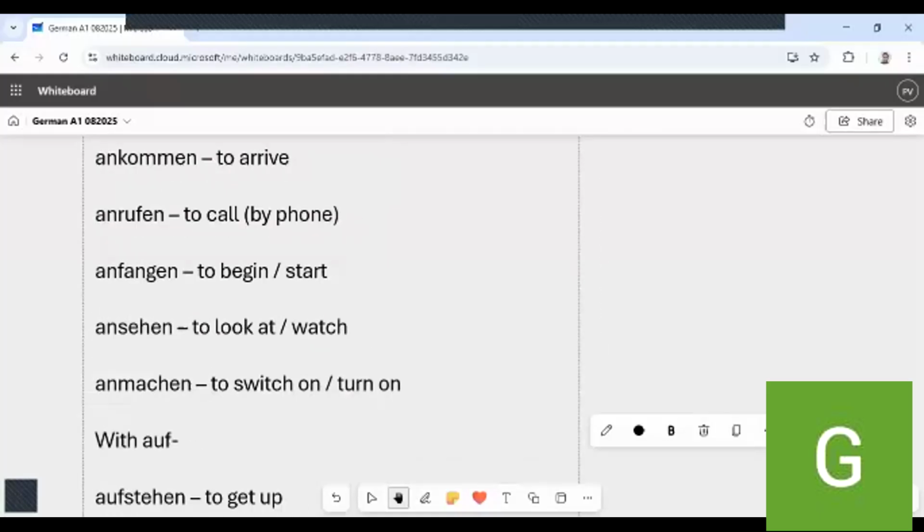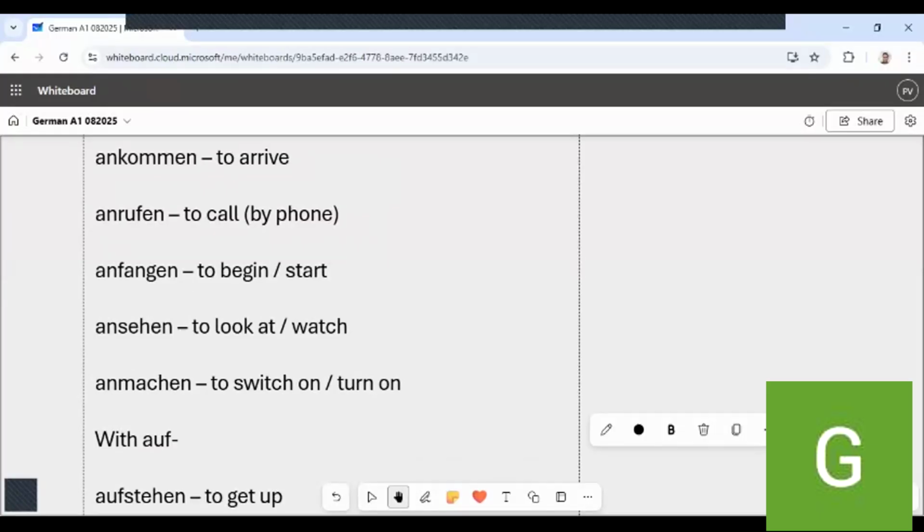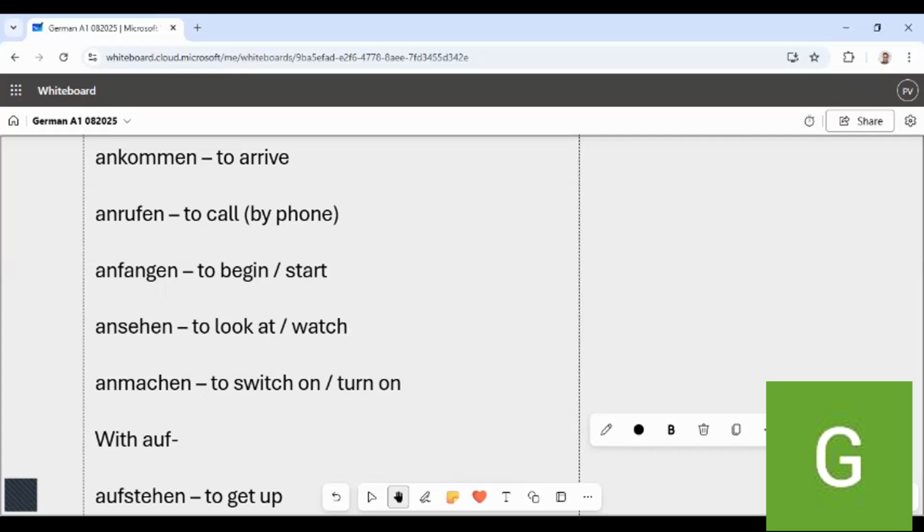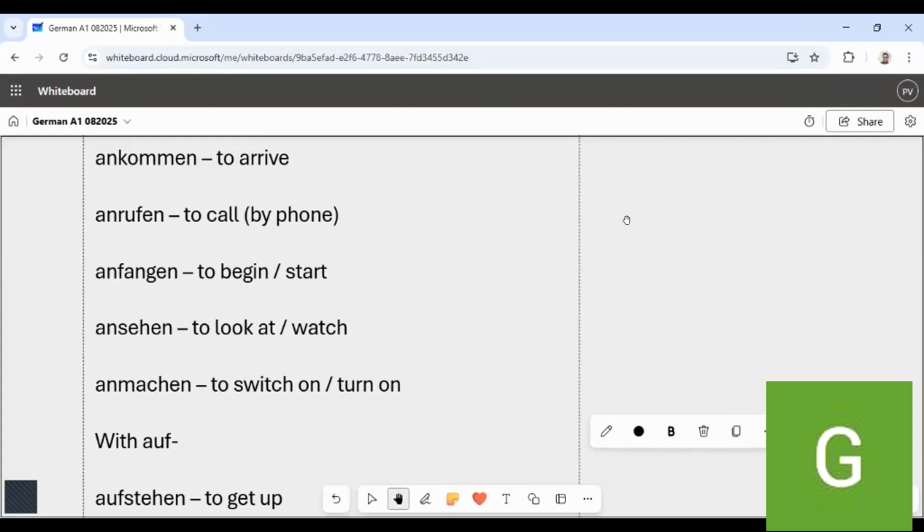Ansehen: suppose you might have seen a person in your family, mostly she's constantly looking at you or your newly wedded wife or your children. Then she is watching you, but this was just for kidding. Ansehen means to look at, to watch.